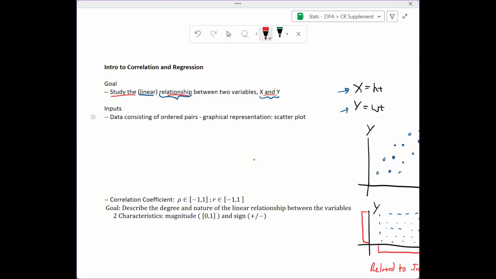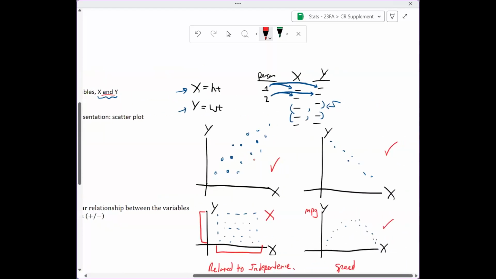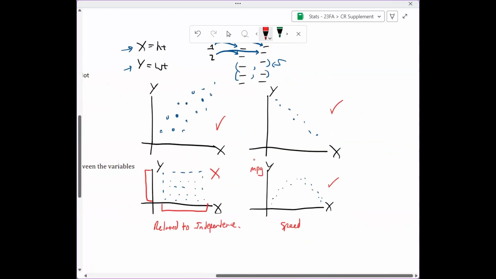What do I mean by linear relationship? Well, if I come back over here, all of these points, I might have 20 points here, or I might have 1,000 points, right? All these points, that's a lot of data. It's really hard for me to interpret.